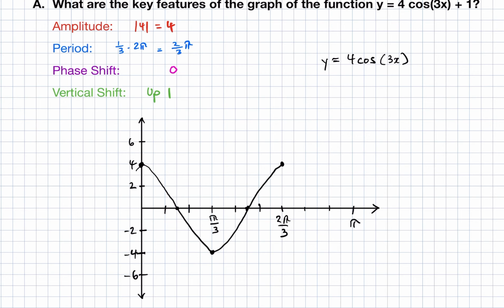Okay? All right, now we're going to go ahead and graph the shift. So I'm going to do this in blue. This is now going to be 4 cosine 3x plus 1, okay? So everything basically shifts up 1 unit, and so all of my points are going to go up 1 unit.